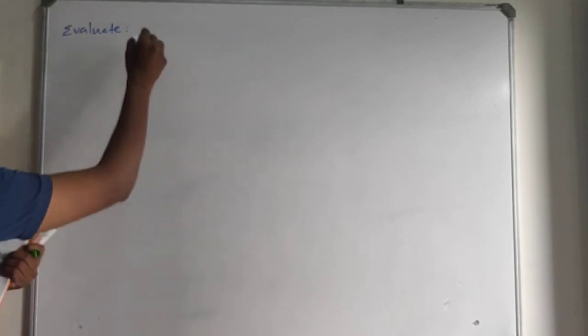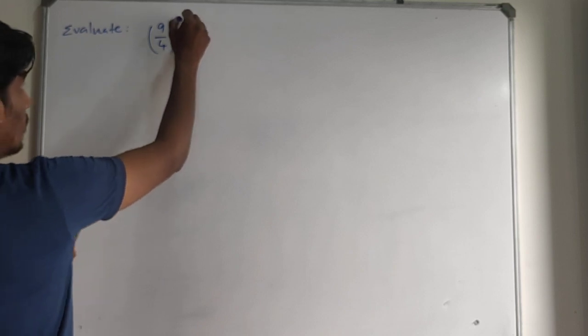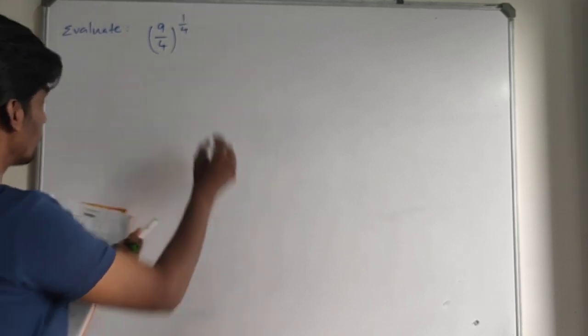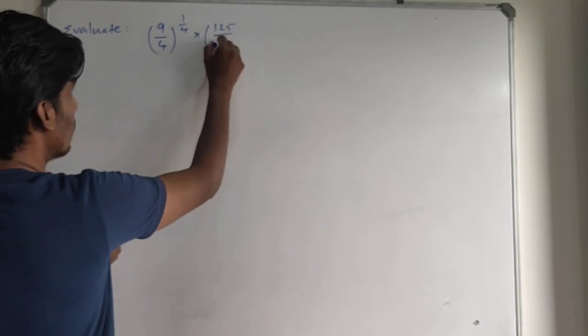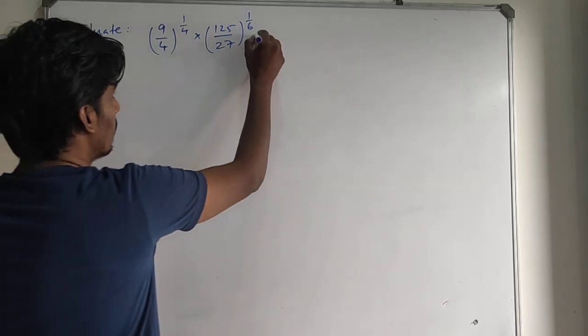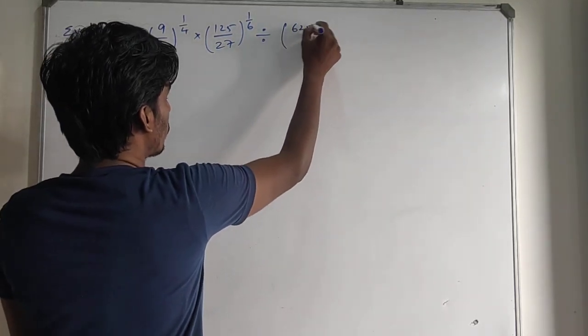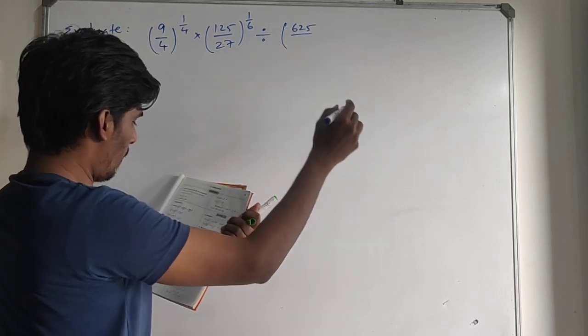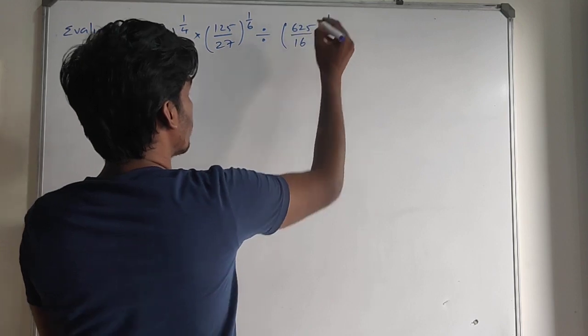Evaluate 9 upon 4 whole raised to 1 by 4, 125 upon 27 raised to 1 by 6, divided by 625 upon 16 whole raised to 1 by 8.